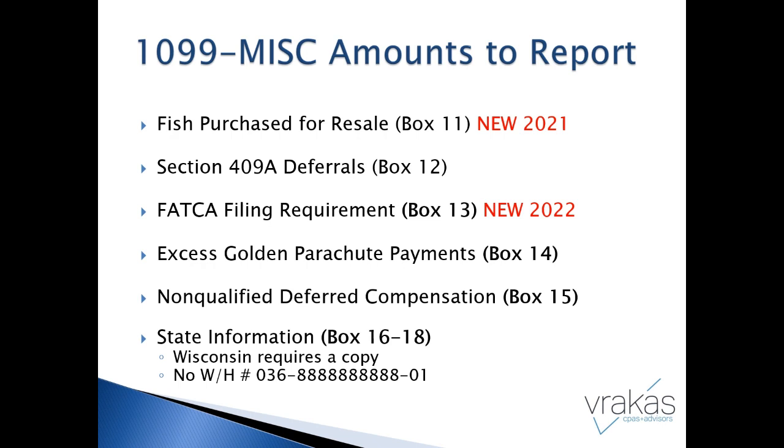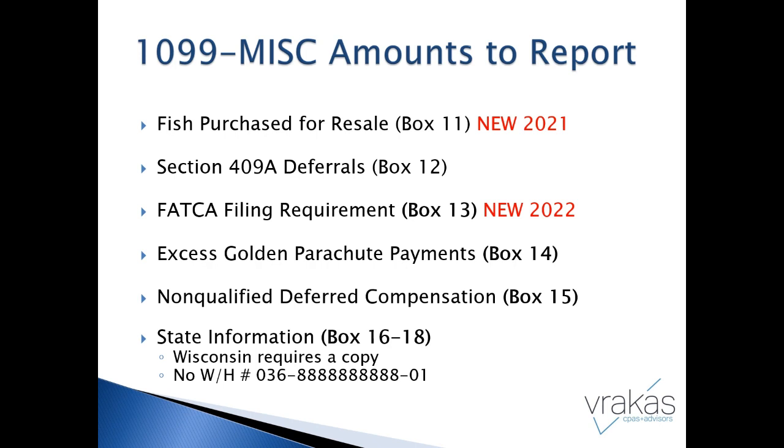Some of these items are also on the W-2 potentially versus the 1099. But boxes 16 through 18 are very important because these are state information. Now for the IRS, these are not important boxes. They could be blank and the IRS won't give you a penalty or anything, but if you're required to file in the state, depending on the state that the service was performed, boxes 16 through 18 would be completed.